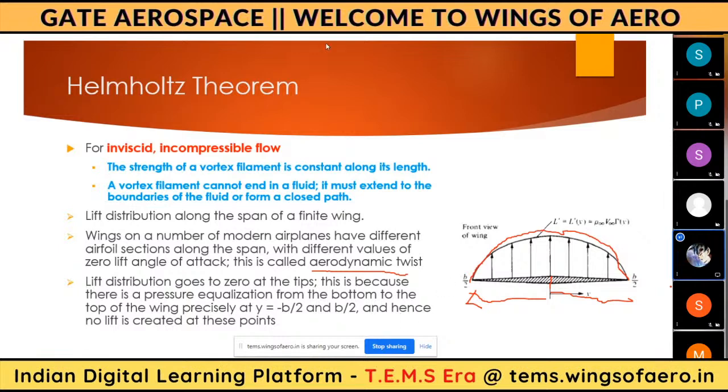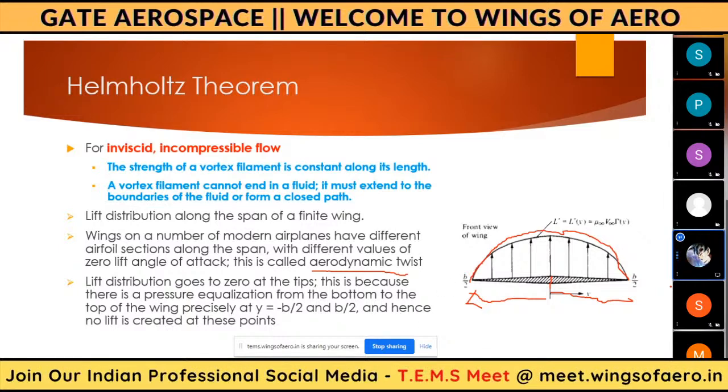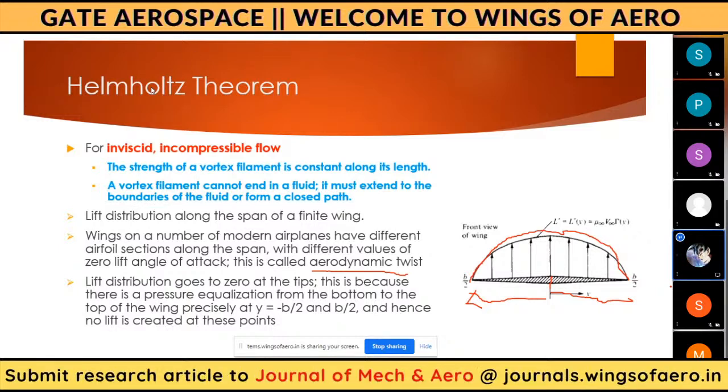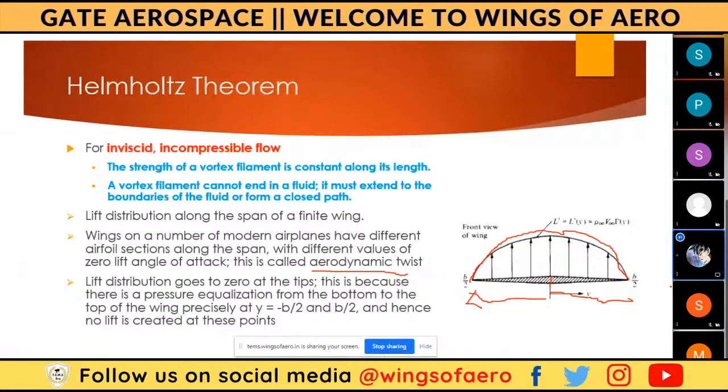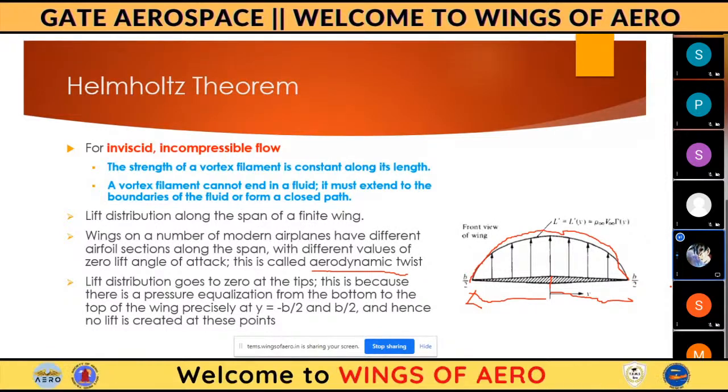So for modern airplanes, we select one type of aerofoil at the root and another type at the tip, each having different zero lift angles of attack. That is called aerodynamic twist. Because of the different angles of attack, there will be a small twisting.